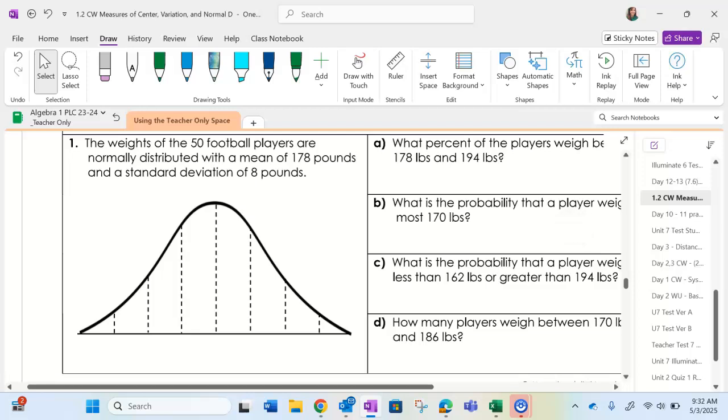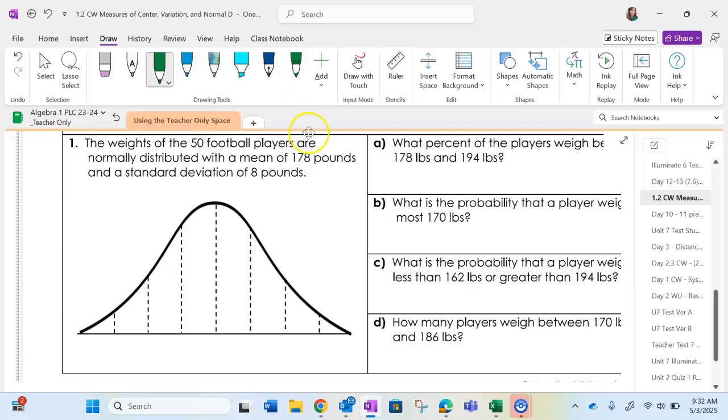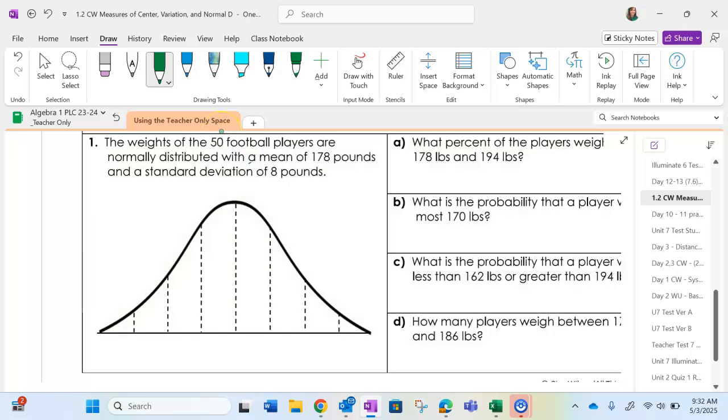So we're going to label first. So the weights of 50 football players, so I know I have 50 players, are normally distributed, that's why we have a bell curve, with a mean, very important, a mean of 178 pounds. So I know my mean goes right in the middle of 178. It has a standard deviation of 8 pounds.